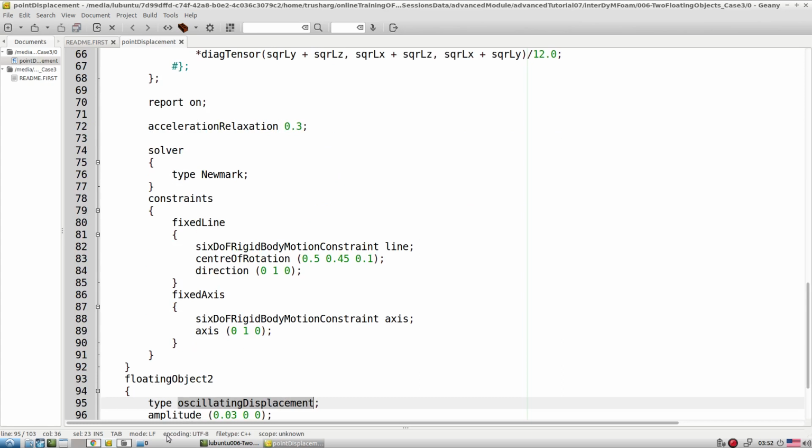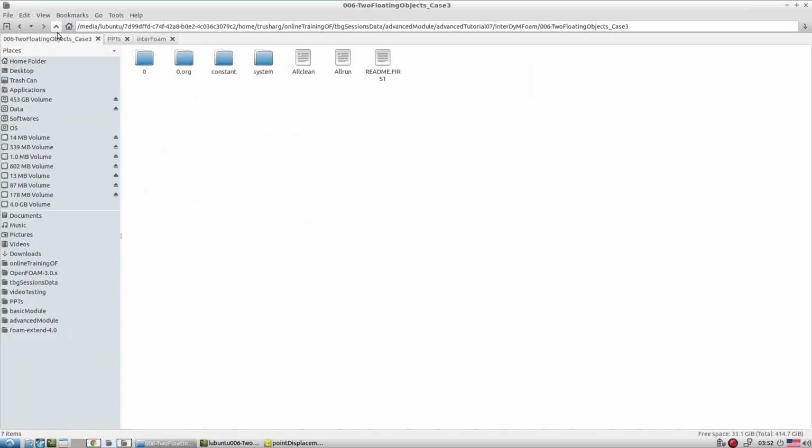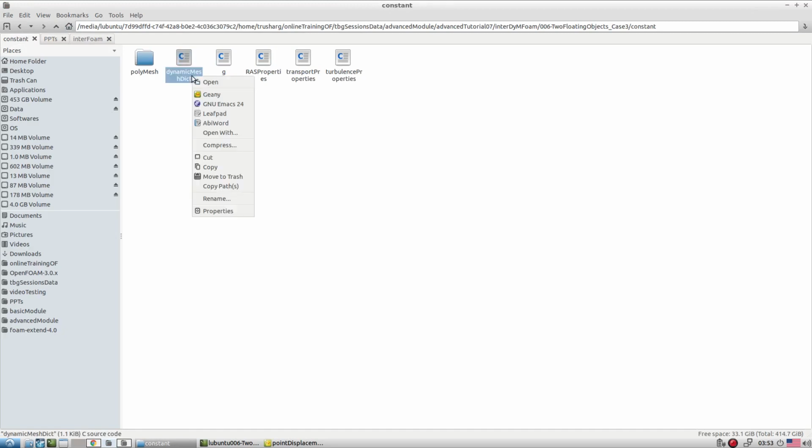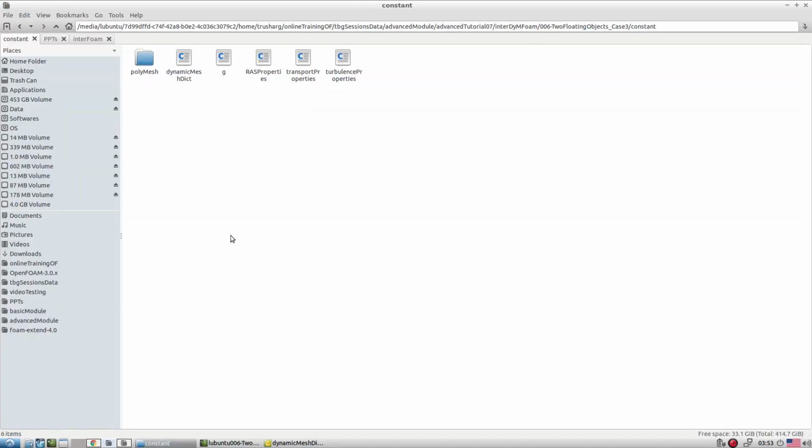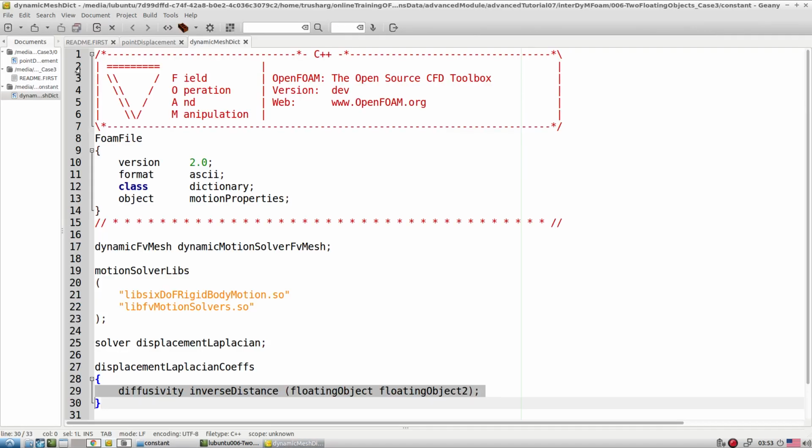Similarly you will see the entry in dynamicMeshDict, the same as in the previous test case. The same libfvMotionSolver we have to specify, and 6 DoF rigid body motion, and then all the diffusivity and the different things. Now everything is the same, just run this case very quickly.